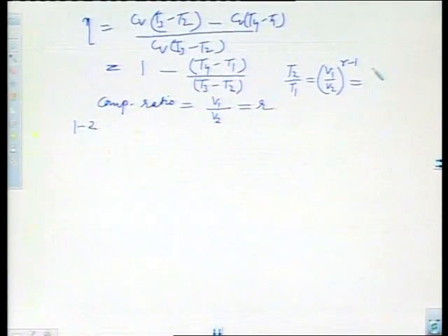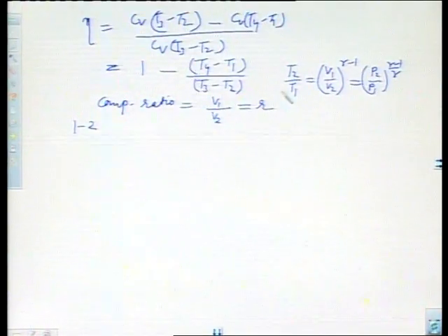This is further equal to (P2 by P1) to the power (gamma minus 1) divided by gamma. This is a standard gas equation. From this formula you can find out further relations.